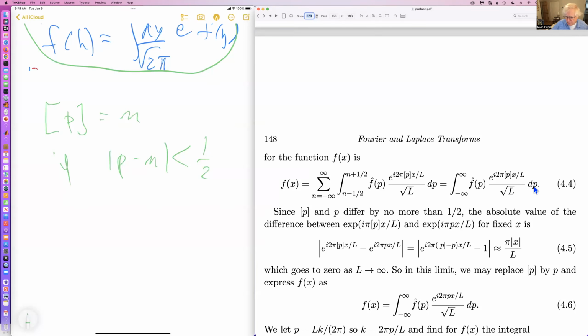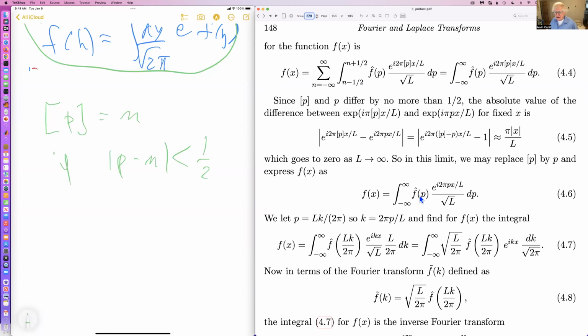And now, since the difference is negligible in the phases, effectively we just have an infinite integral like that. So we've expressed f of x as a Fourier transform of f hat of p.